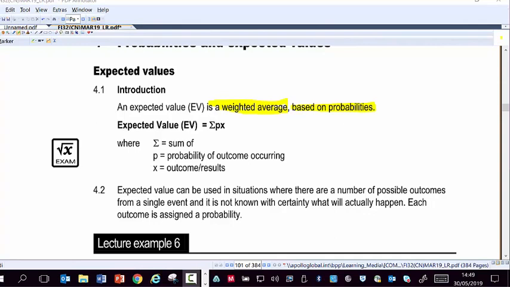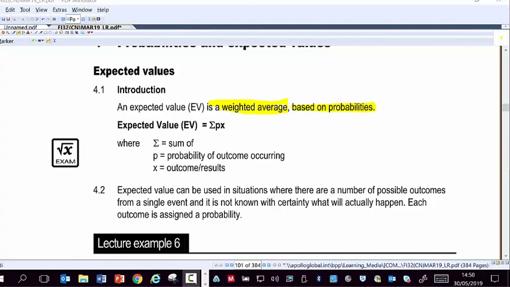So what we often do in relation to decision making is we assign a probability to each of the possible outcomes. Let's say, for example, we were looking at opening a new theme park, and we were a bit unsure about demand. We weren't sure whether demand would be low, medium or high. We could assign probabilities to each of those possible outcomes.